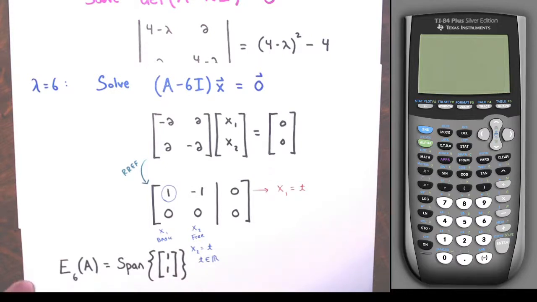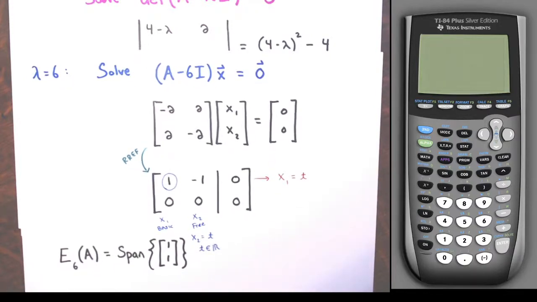And we have a basis then. It's very obvious that a basis for this eigenspace is the set with the vector 1, 1.